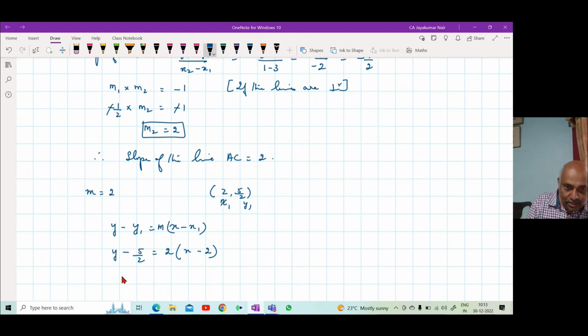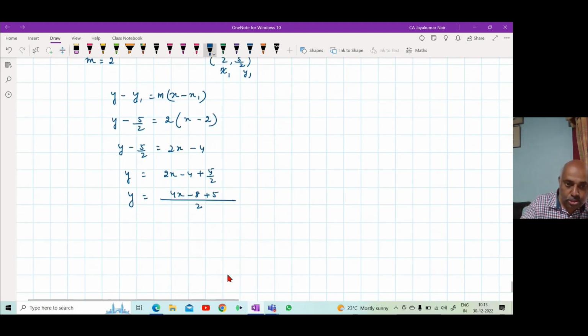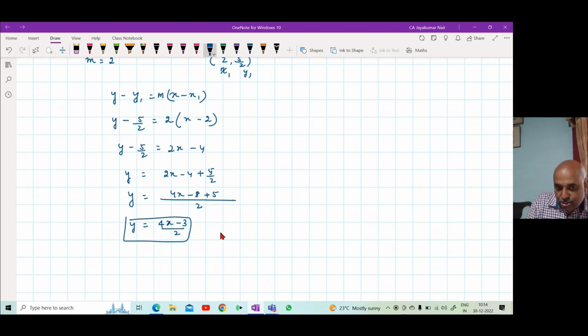So what do I get here? y minus 5 over 2 is equal to 2x minus 4. So y is equal to 2x minus 4 plus 5 over 2. The LCM is 2. So y is equal to (4x minus 8 plus 5) over 2. So I get y is equal to (4x minus 3) whole divided by 2. I can keep it like this as the answer, or I can take the 2 to that side and say 2y is equal to 4x minus 3.